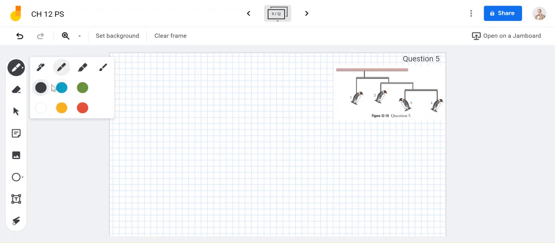So the way to approach this is to literally just sketch it up and see what happens. So I'll start up here.